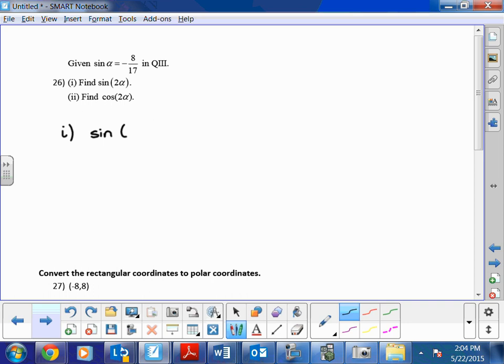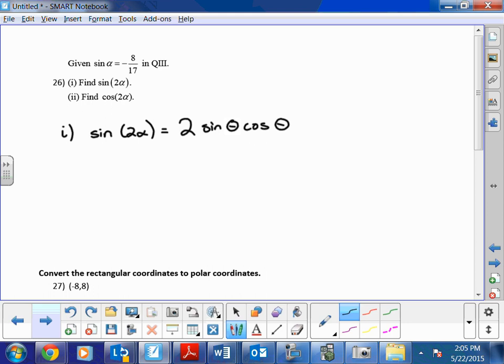Sine 2 alpha has a trigonometric identity to it: 2 sine theta cosine theta. So we have that. And you can think about those as alpha, I believe.